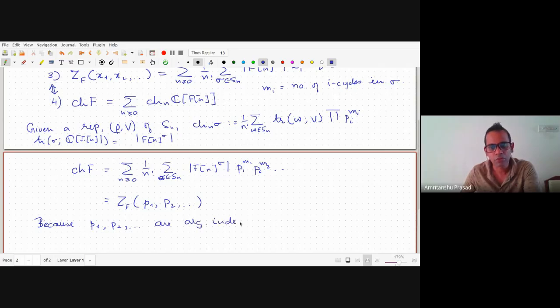So the coefficients for all the monomials in the cycle index generating function are the coefficients of the monomials in p1, p2, p3.